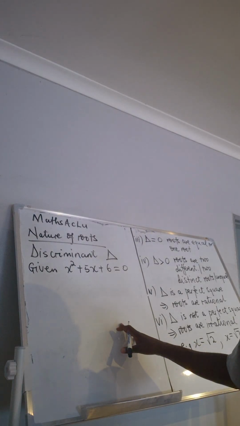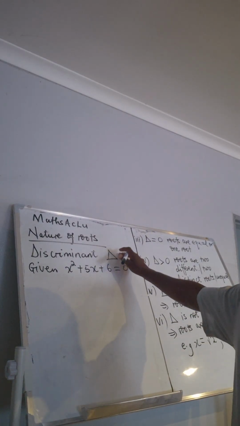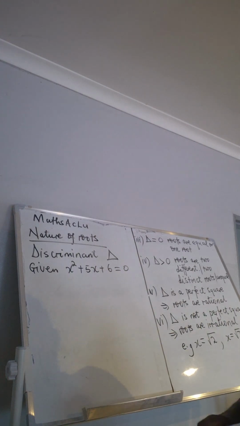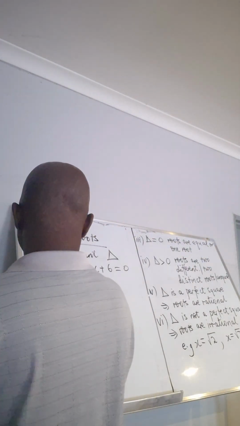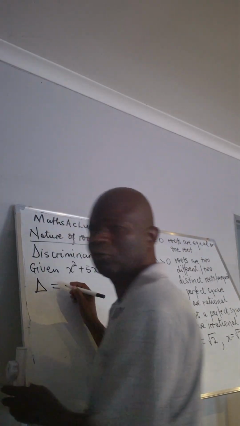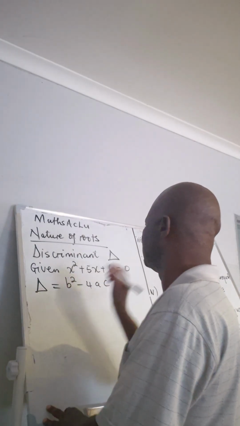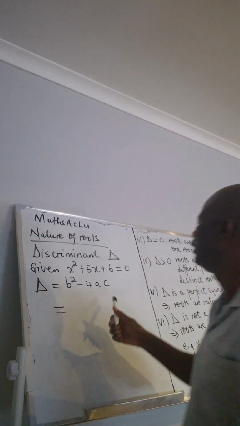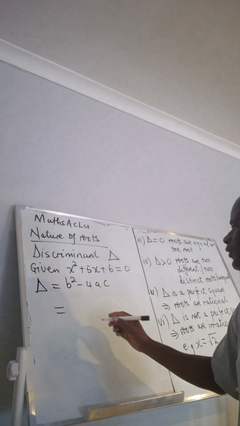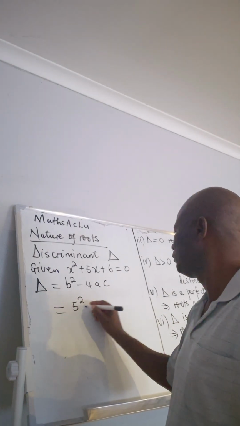So now when you say without solving, it means we are only going to use the discriminant. So let's have our discriminant, which is equal to b squared minus 4ac. Your b is 5, so it's 5 squared minus 4.